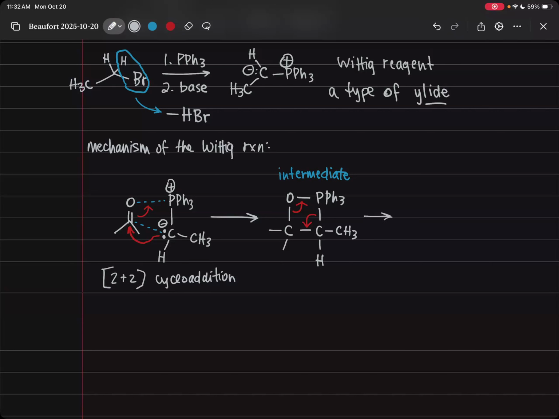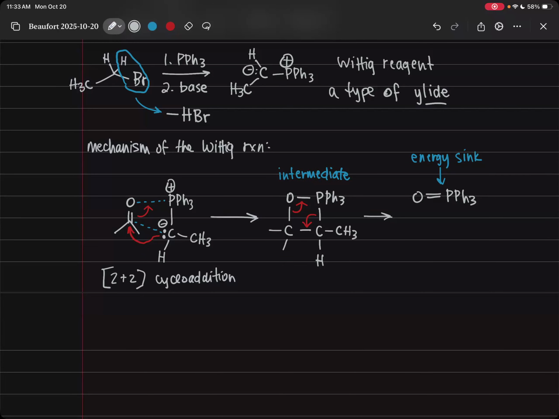So up at the top there with the oxygen and the phosphorus, we get oxygen double bond PPh3. This is triphenylphosphine oxide. This is an energy sink. Helps drive the reaction forward.